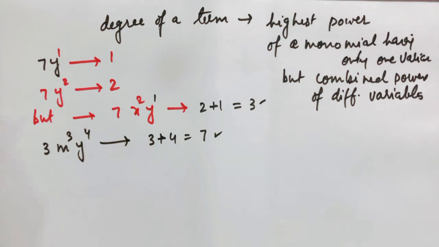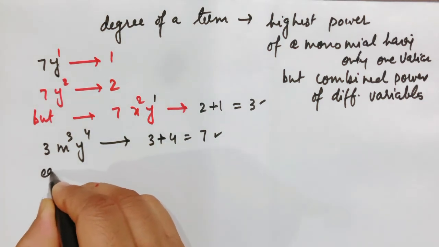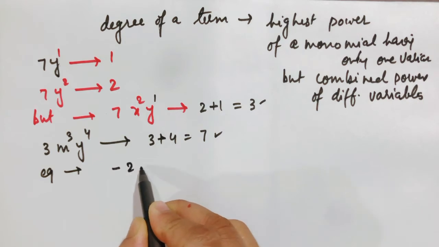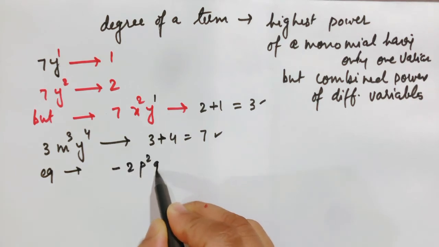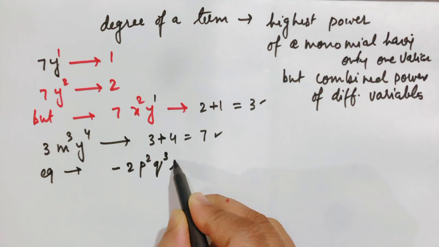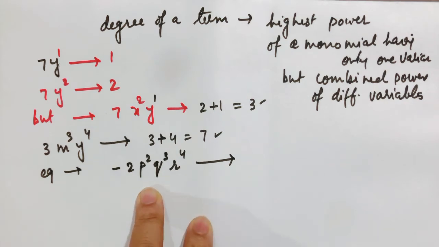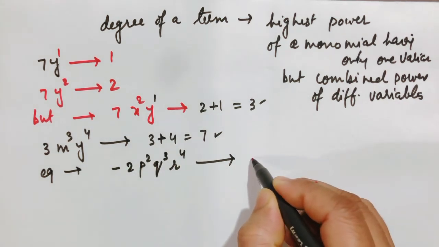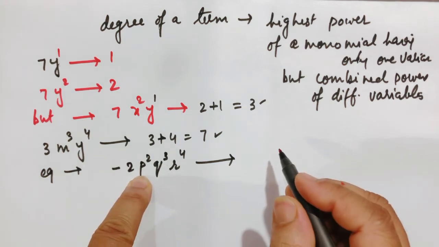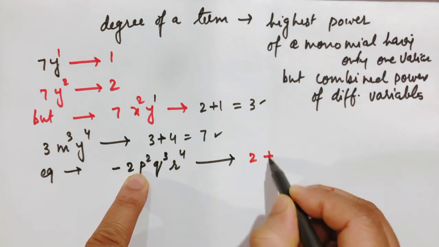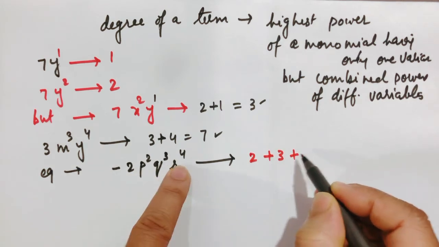For example, let's take one more. Okay, example, let us take minus 2 p square q to the power 3 r to the power 4. So here the sum of the maximum powers will be equal to how much? Have a look at this variable p, it has power 2, similarly q has 3 and r has 4.